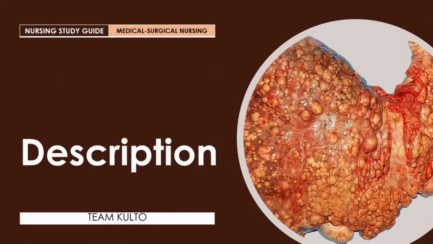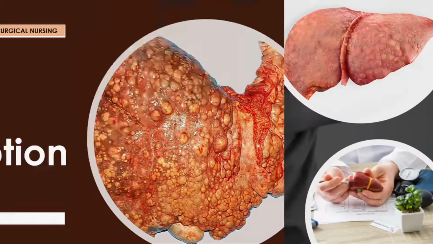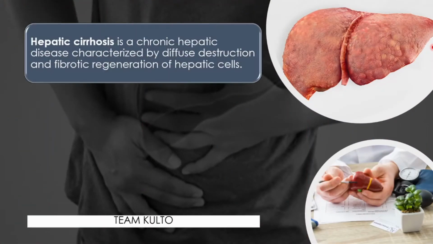Agenda natin today, ano nga ba ang description o paano nga ba ang definition ng iyong hepatic cirrhosis? Now, i-define natin to. The end stage of liver disease is called cirrhosis. Hepatic cirrhosis is a chronic hepatic disease characterized by diffuse destruction and fibrotic regeneration of hepatic cells.